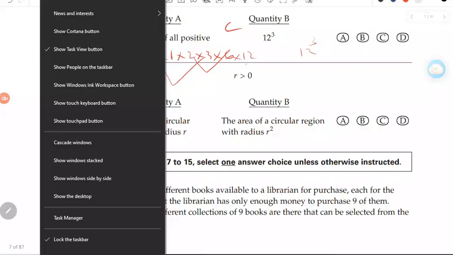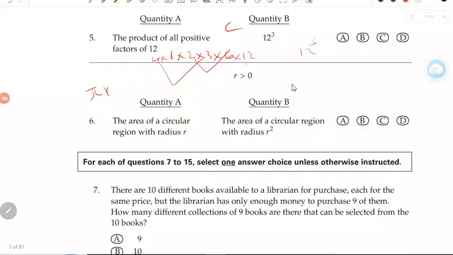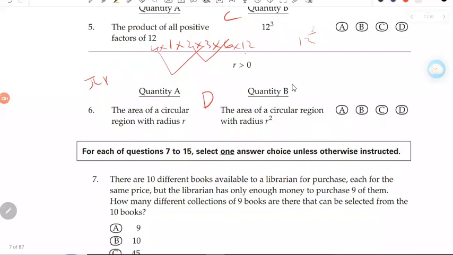We can try 1. If you try 1, they are equal, but if you try another number, they are not equal. So it means that it is varying. So we choose D.